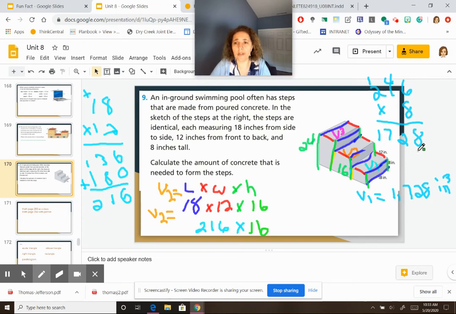That's one way to do it. Or if that seems too confusing to you, you could do 216 times 16, because that would probably make more sense to the majority of you than multiplying it by 2. So go ahead and pause the video and do 216 times 16 and see what you get.